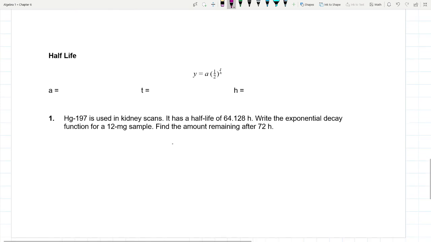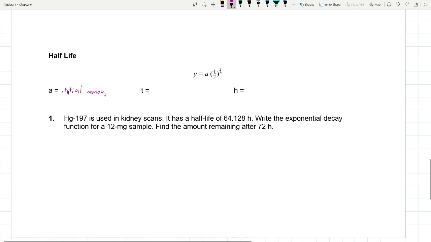Now, I've mentioned this before: it has different applications. This one is calculating the half-life. This is used in carbon dating. It's used in different medical events. The thing we just need to know is that A is my initial amount, so how much of an element I have.